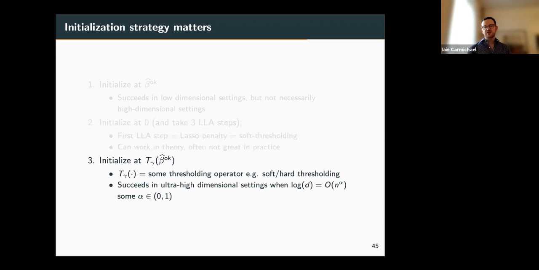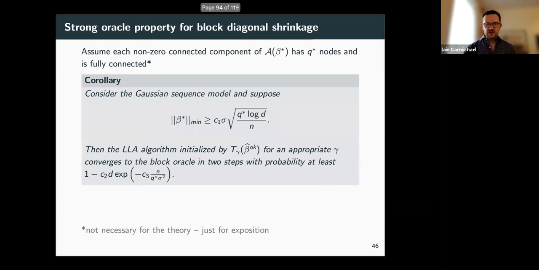What's going to work the best is to take our OK estimator and apply some shrinkage operator to it, like hard thresholding, to get a better, decent initial estimate. Then we initialize our LLA algorithm from there. And it turns out this will work in high dimensional or even ultra high dimensional settings.